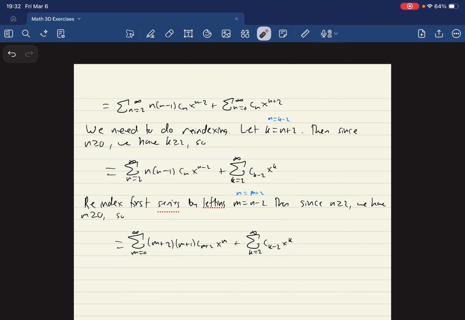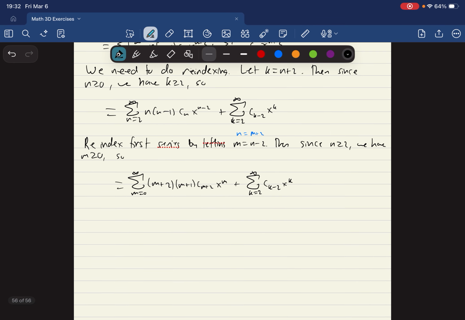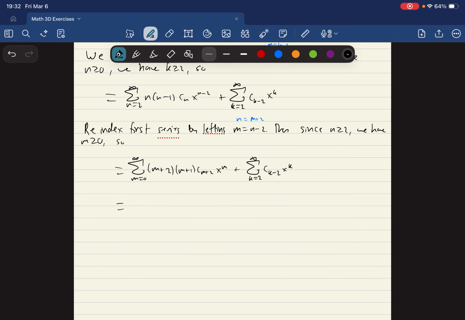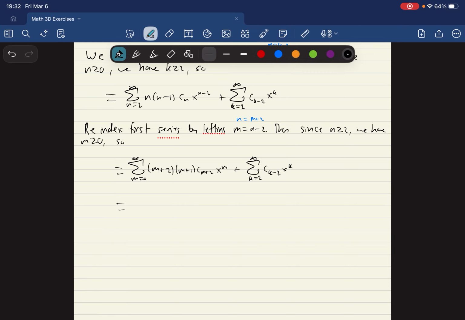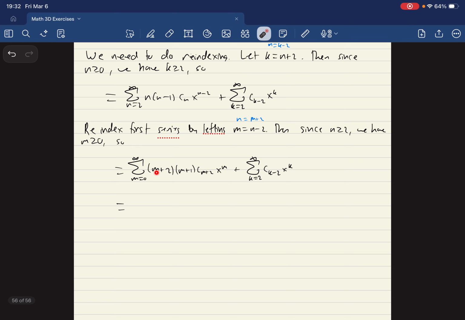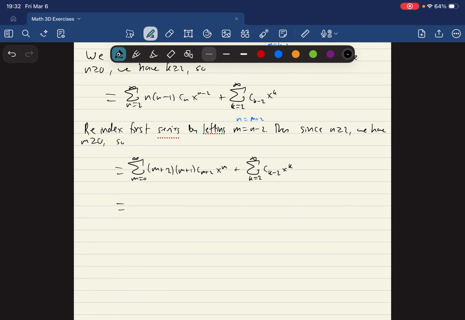Okay, so now we got the powers to be the same, but now notice that the bottom summation indices are different. Because we want to compare coefficients, we're going to want those indices to be the same. So what I'm going to do is take out the first 2 terms, for m equals 0 and m equals 1, from this series and isolate them. If I plug in m equals 0 right here, I get (0 plus 2)(0 plus 1) c sub 0 plus 2, x to the 0.